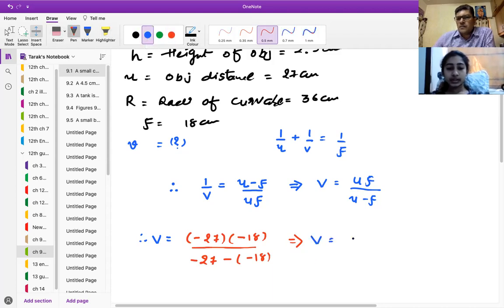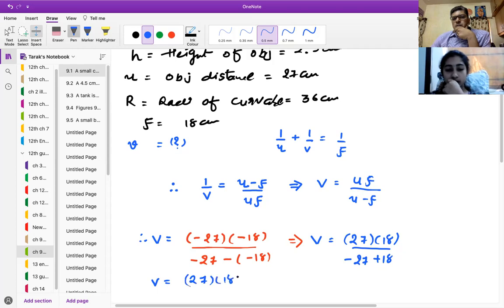So my v will be 27 times 18, and in the denominator, minus 27 plus 18, which is minus 9. So 27 times 18 is 486, but 9 is negative, so my 54 centimeter is again negative.